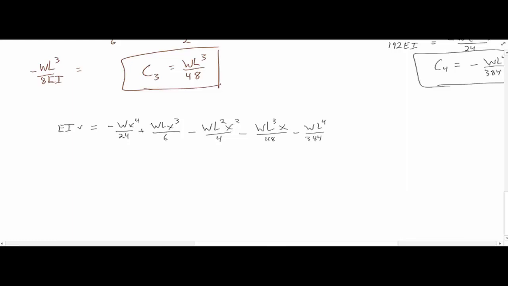Okay? And so this is the equation for L over 2 less than or equal to x, which is less than or equal to L. This is what this equation is valid for.